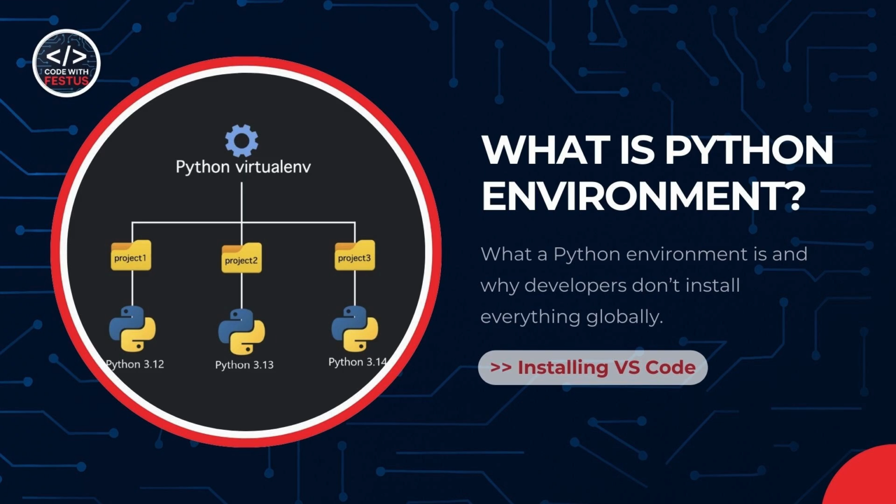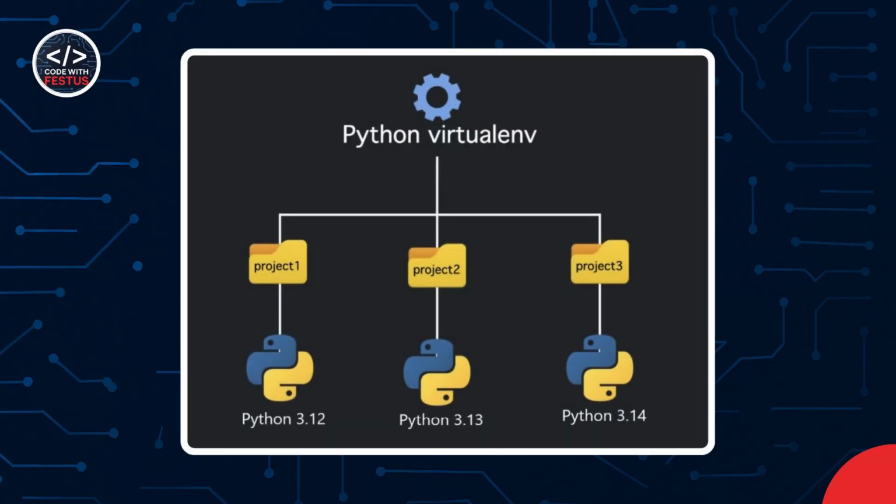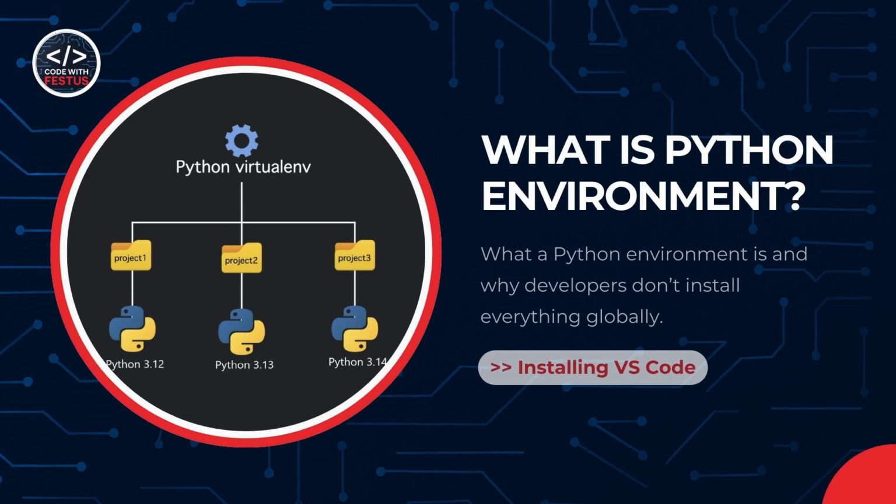Instead, developers use something called virtual environments. This allows each project to have its own isolated setup without affecting other projects on your system. Don't worry if this sounds abstract, it will make more sense once we create one ourselves.